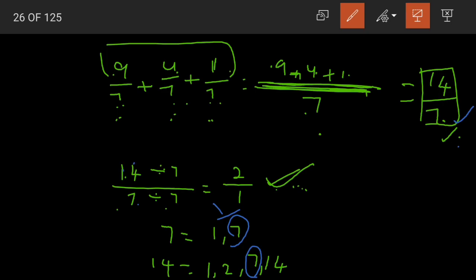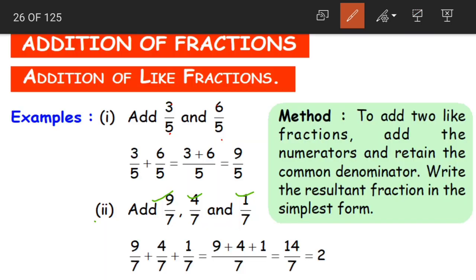So divide both the numerator and denominator by this highest common factor, that is 7. 14 divided by 7 is 2. 7 divided by 7 is 1, children. So 2 by 1 is the sum of the given like fractions in its simplest form.